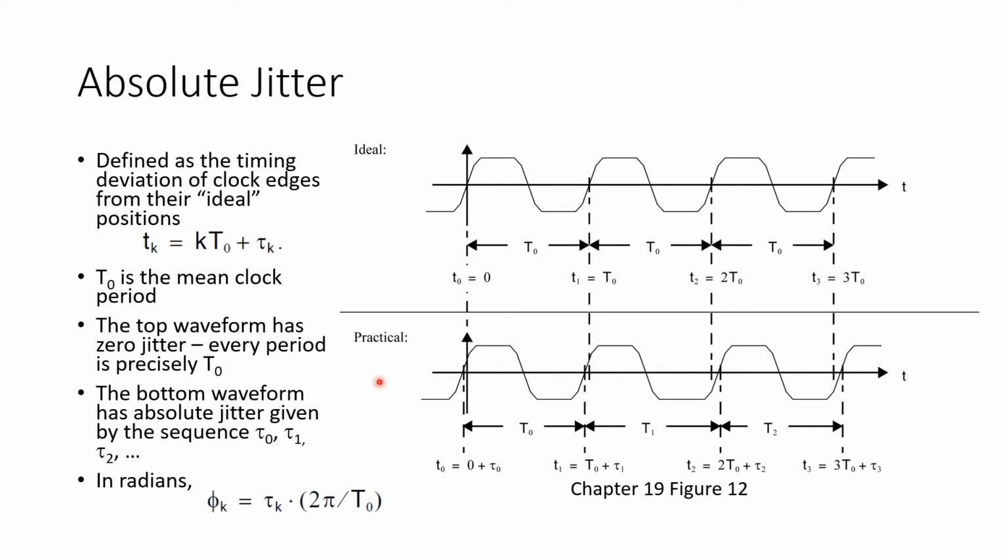So we can define here the sequence T with integer subscript k as the timing when this waveform hits a particular phase. It's natural to use, for example, the rising edge of a clock waveform. So this waveform here is thought to be a fully differential waveform, so it crosses through 0 at regular intervals.